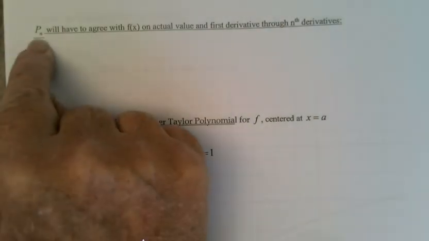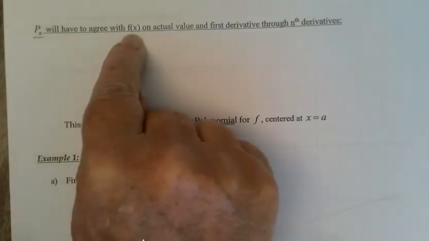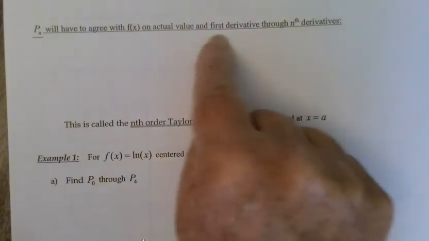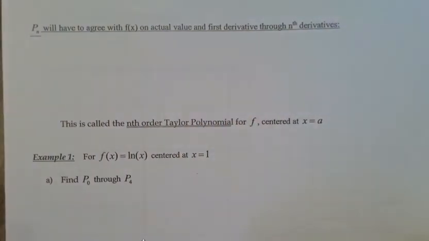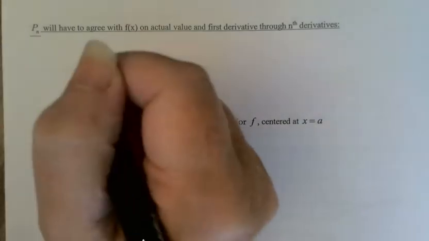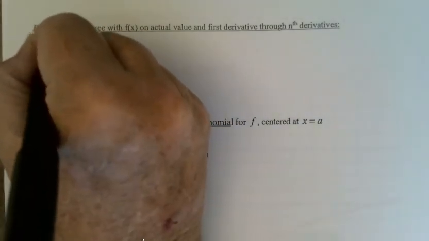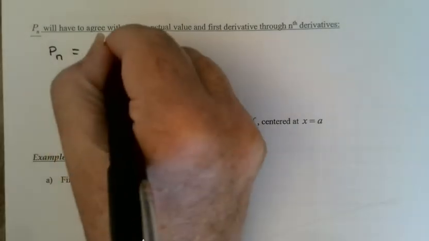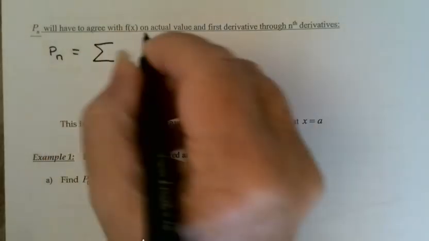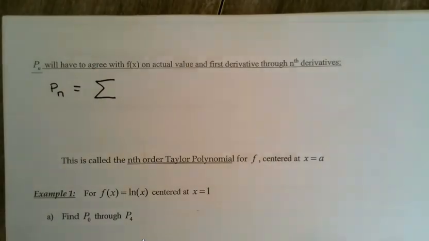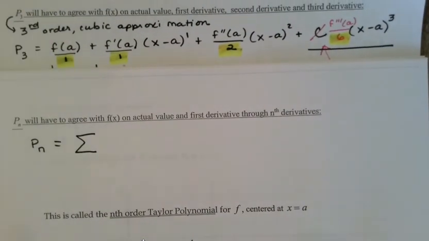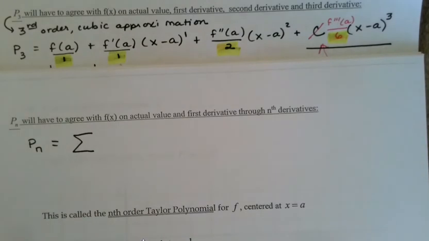So I think we have enough of a pattern to write down a general description. If we define P sub n as the polynomial that has to agree with f of x on the actual value and all of the first n derivatives, we can now say, based on our pattern, P sub n should equal, I'm going to write this as a series. Let me look at sort of a generic term like this one.